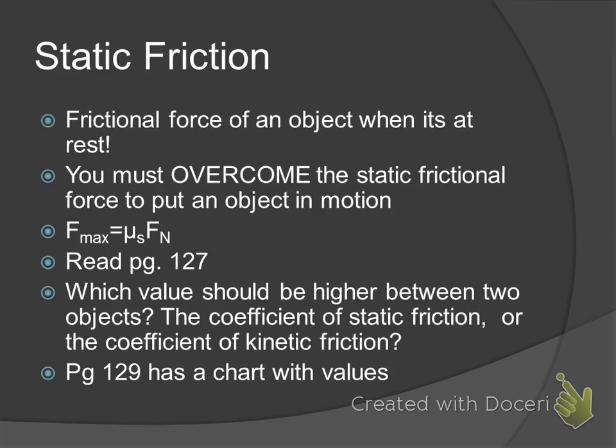So our static friction coefficient should always be larger than our kinetic. Coefficients depend on the two surfaces that are interacting. They don't depend on the weight, the mass of the object, the speed, or anything like that. All we're looking at for the coefficients is the two surfaces that are interacting.